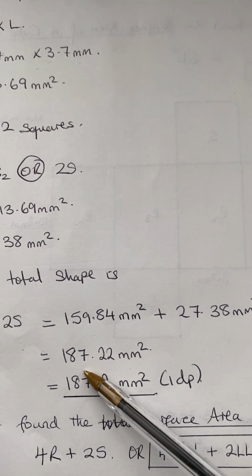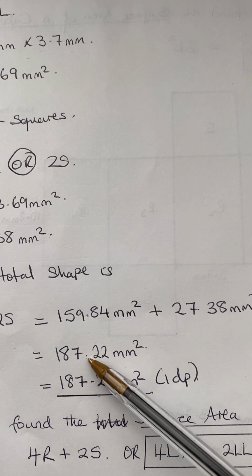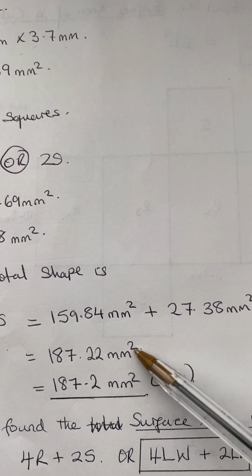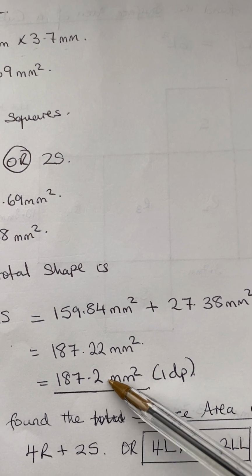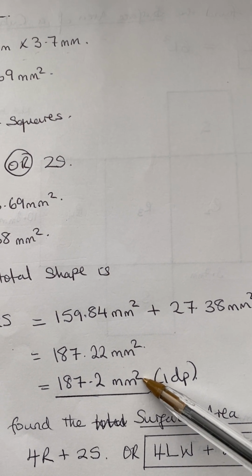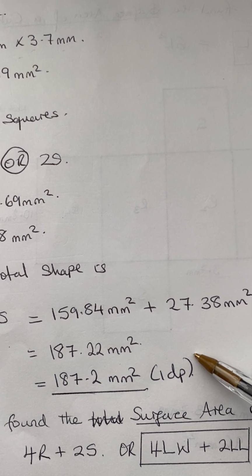Now when you add them together, you get 187.22 millimeters squared. So now you have 187.2 millimeters squared to 1 decimal place.